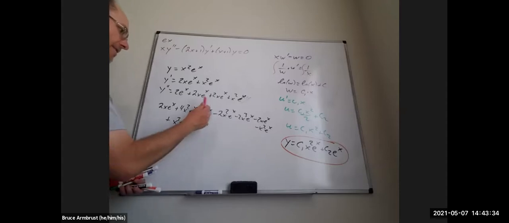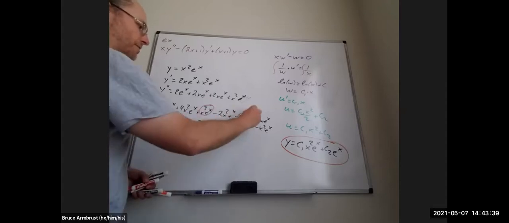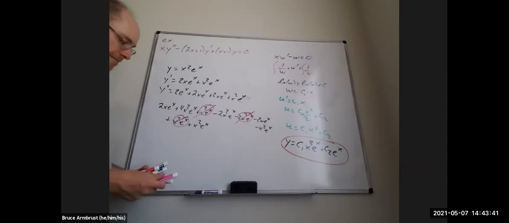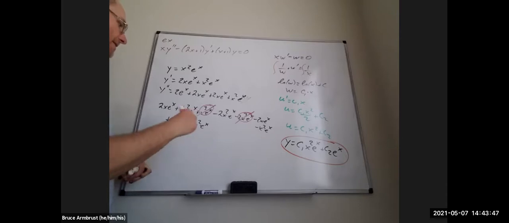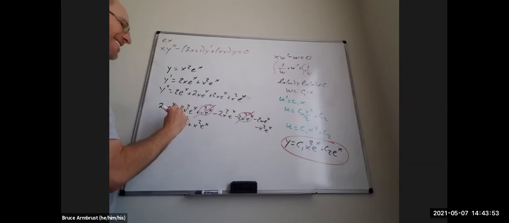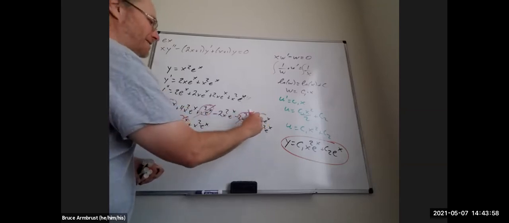X cubes: there's 1, 2, and minus 2. Sweet, all those go away. X squareds. Let's see here. Uh-oh. I already know I did something wrong. Shoot. Let's go to the x's. 2x e to the x minus 2x e to the x.